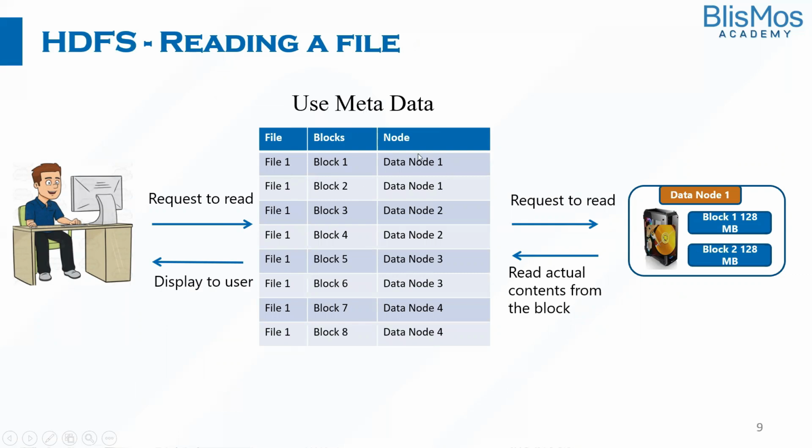By using the metadata, we get to know where exactly the block of any particular file is stored. By referring to that, we check that particular data node, locate the data you are trying to read, and the actual contents are read from that data node, which is nothing but a system, and sent to the user. This is essentially what happens when we are trying to read a file.